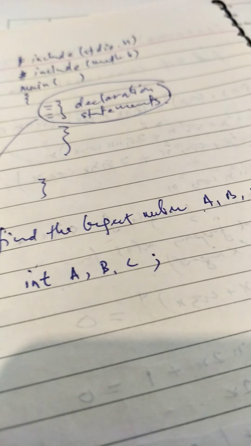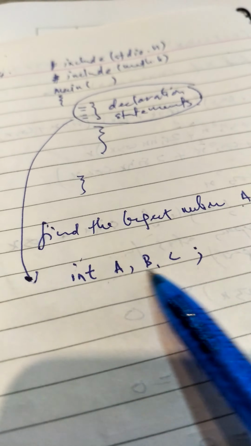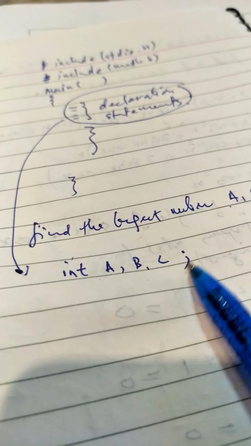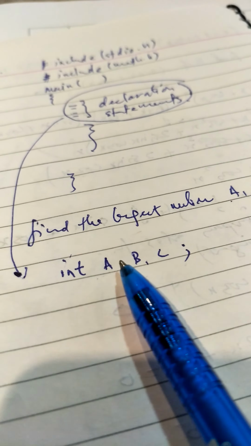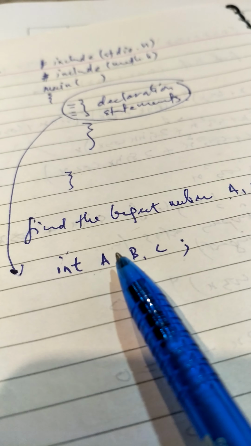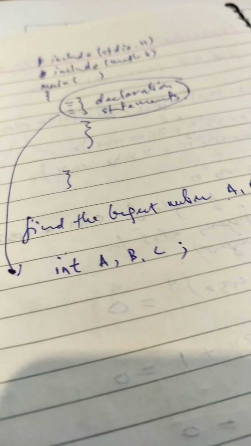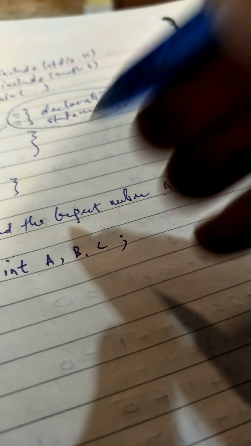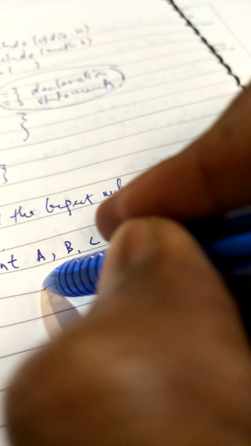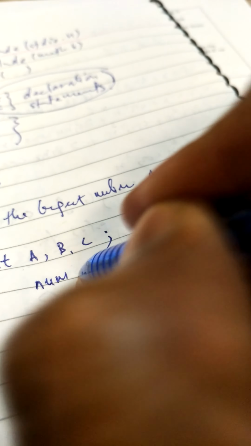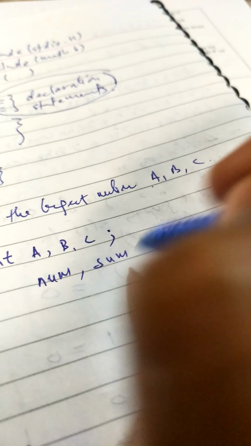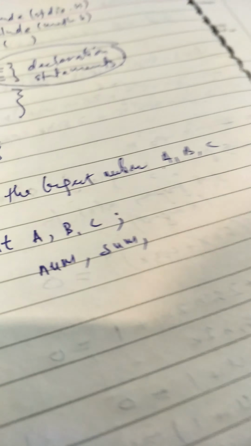Other than that, for the variable here, we must begin with letters. So you can have, for example, num, or sum. You can have many more.